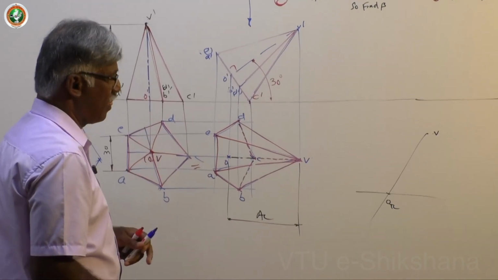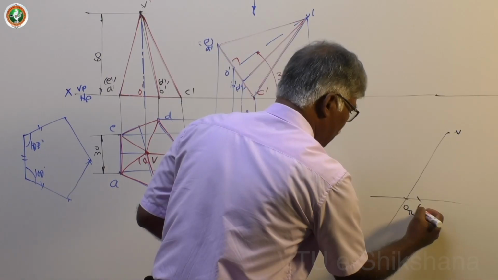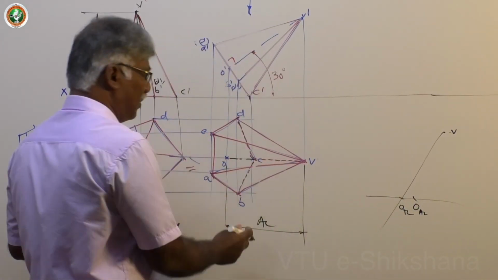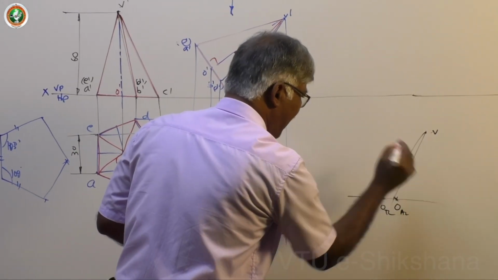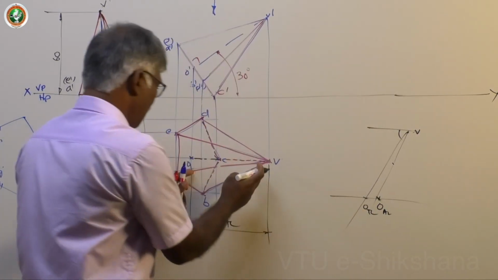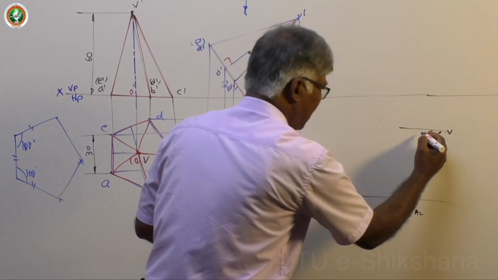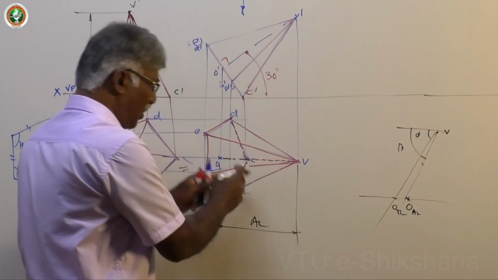Next you take the apparent length and mark it; this is O of apparent length. So on this beta degree line, you have to place this VO of the second figure top view, that is all. This is phi, and this one is beta. So you have to replace this.